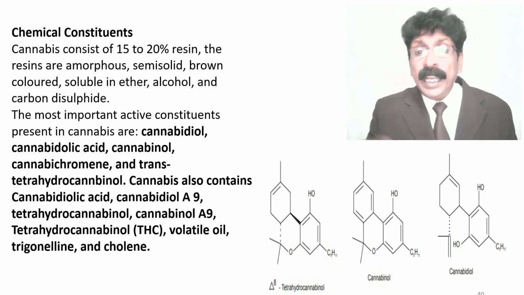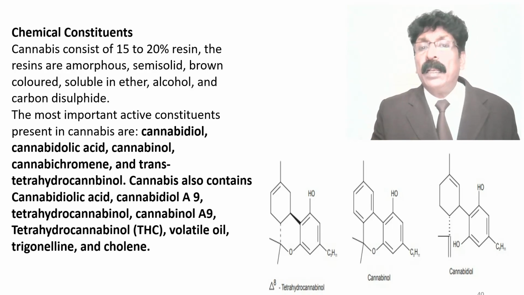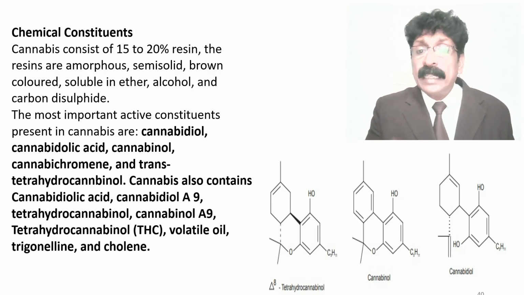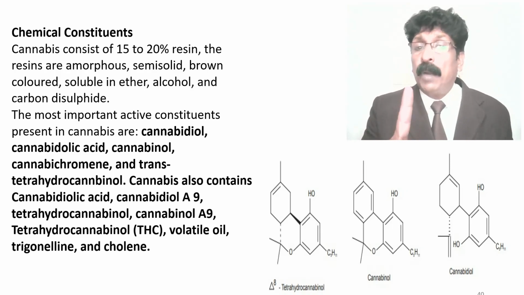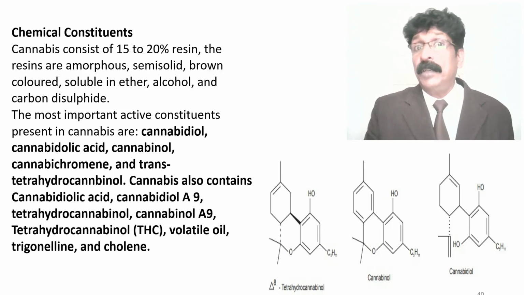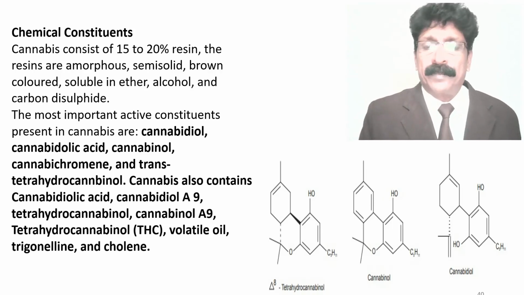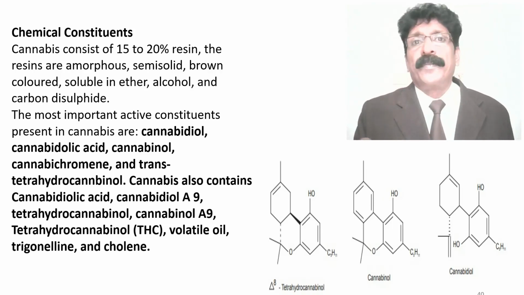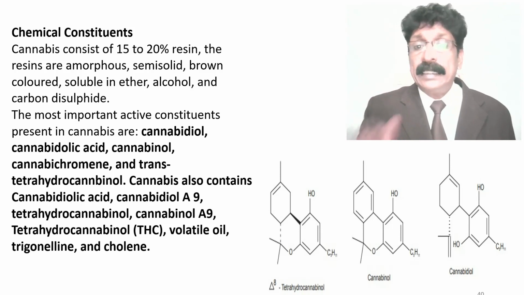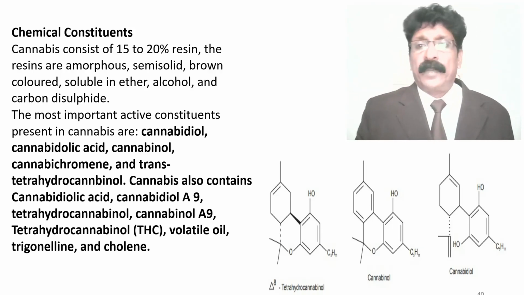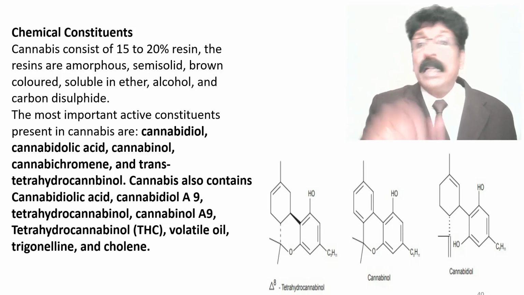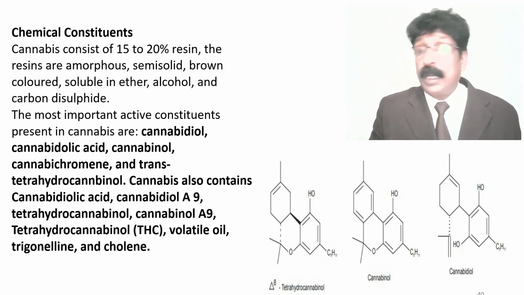You see here, tetrahydrocannabinol has a lactone ring, with tetrahydro meaning hydrogen is present in the first ring, which has only one double bond, and the two double bonds are not present due to the presence of hydrogen atoms on the carbon. When the hydrogen is removed, oxidized, tetrahydrocannabinol can be converted into cannabinol.